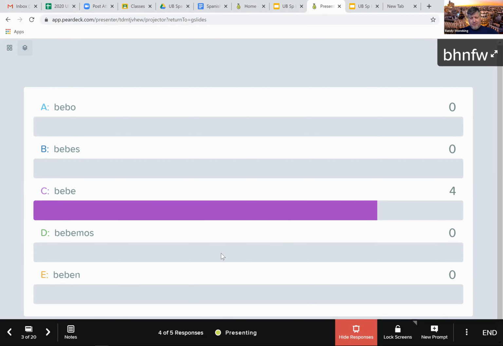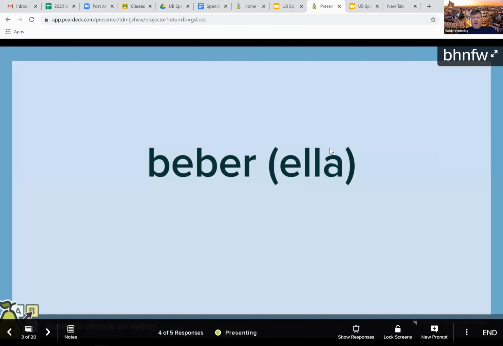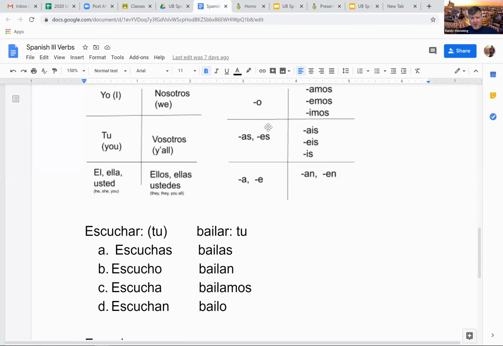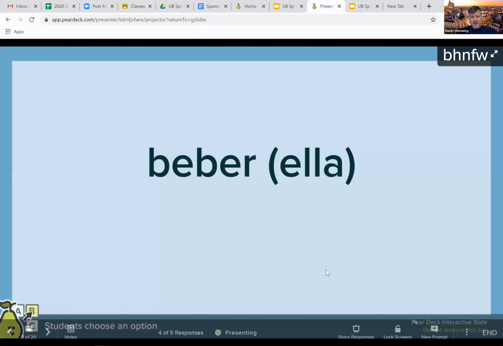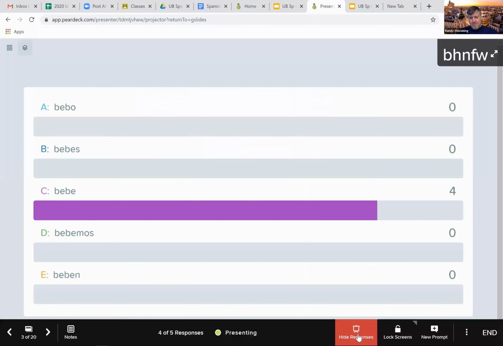So for that verb beber, we got to recognize that it's an ER verb. And then the endings that go along with it from our ERs, from our endings. So right here, usted is in that bottom left. So we would use not the A, but the E because it's that ending. And we come up with bebe, okay?